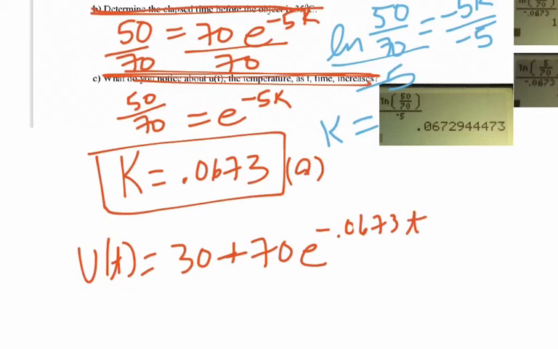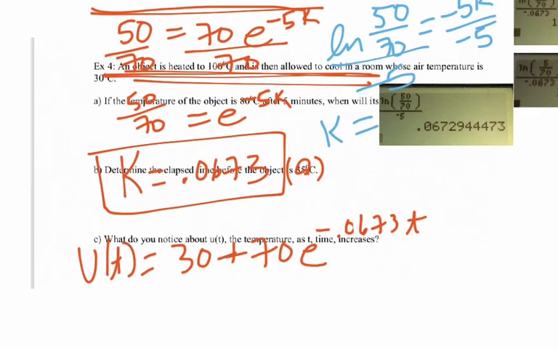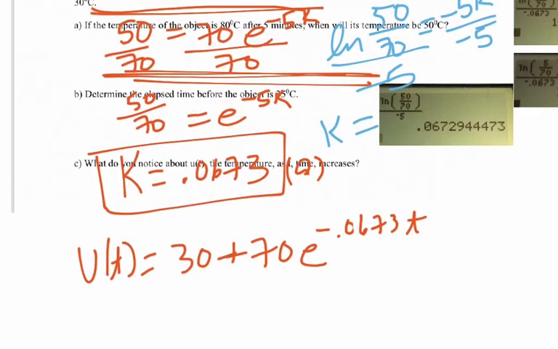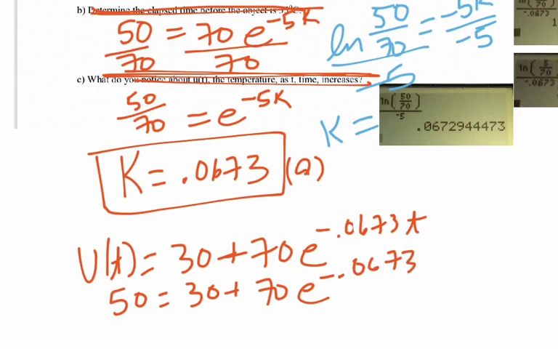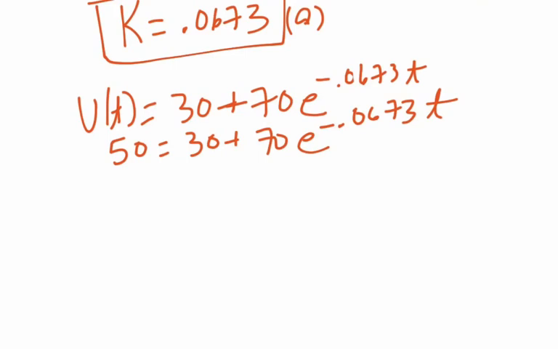And then this part of the question for part A says, when will the temperature be 50 degrees? I'm going to put 50 in here. 30 plus 70e to the negative 0.0673t. So remember, I'm still trying to solve for the time at which the temperature is going to be 50. So I'm going to minus 30 from both sides.